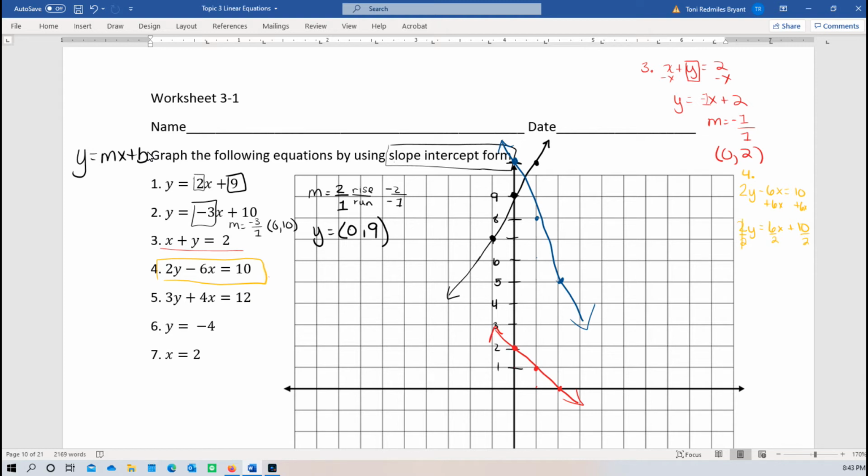Okay, so that's just going to leave me with y. 2 goes into 6 3 times, and into 10 5 times. So for this one, I have an m of 3 over 1 and a y-intercept of 0, 5. Go up 3 over 1, up 3 over 1.